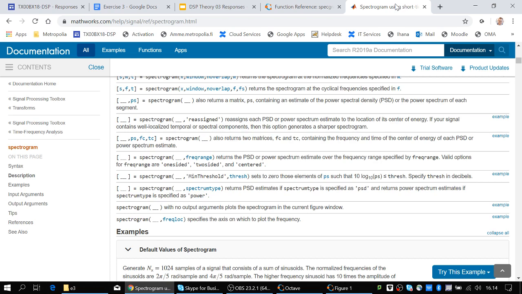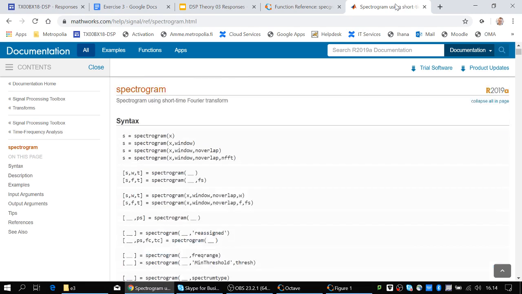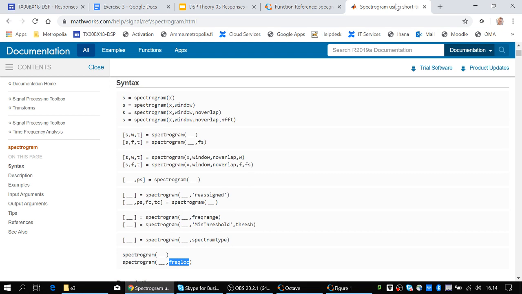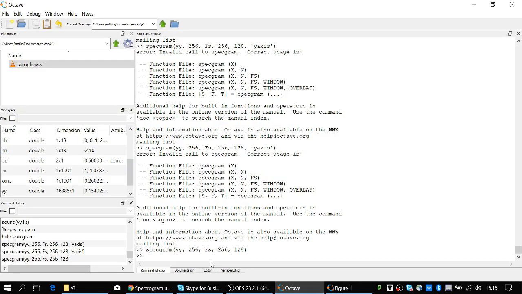Let's see this. Probably the syntax is different on MATLAB. It has sampling rate goes to the last one.